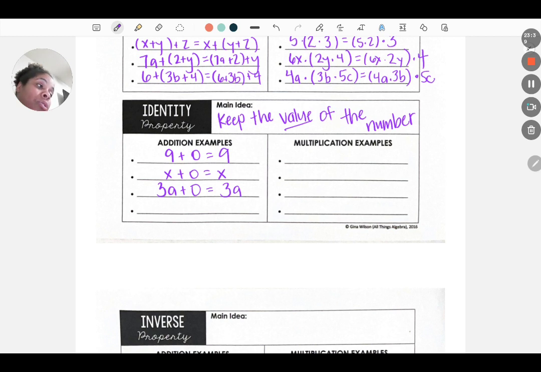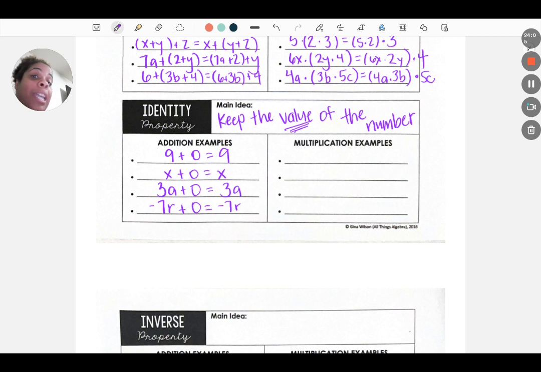And then we can do even more complicated ones. We can have negative 7r plus 0. It will equal negative 7r, right? We didn't change the value of the number on the other side of the equation. It's called the identity property.